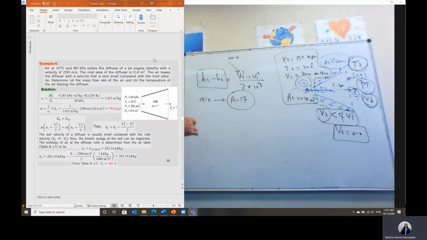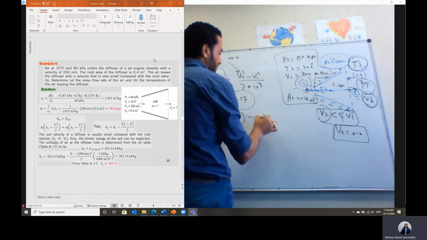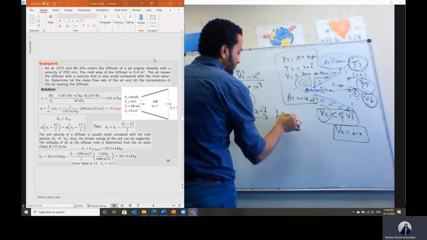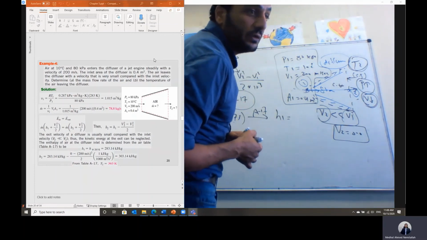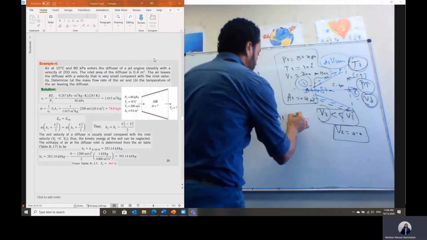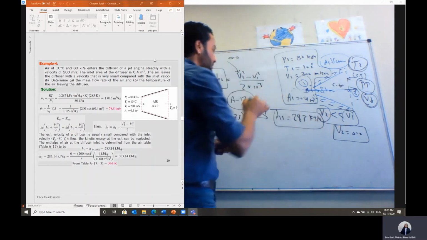So using table A17 at temperature T1 equal to 10 plus 273, the temperature in this table is in Kelvin, we can get the value of h1. It will equal 283 point something kilojoule per kilogram.